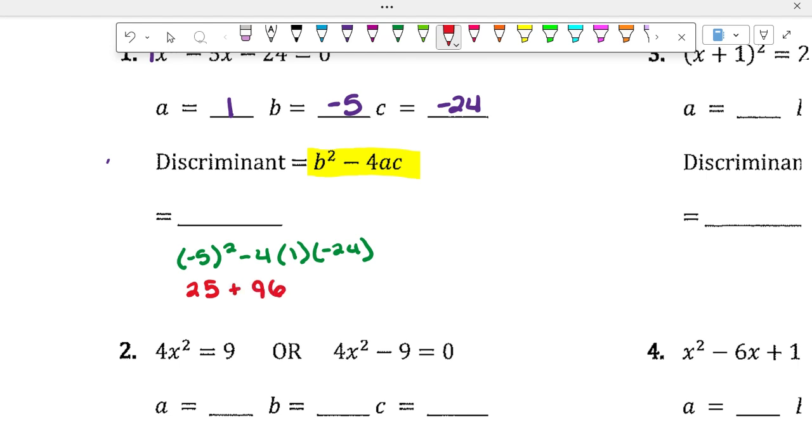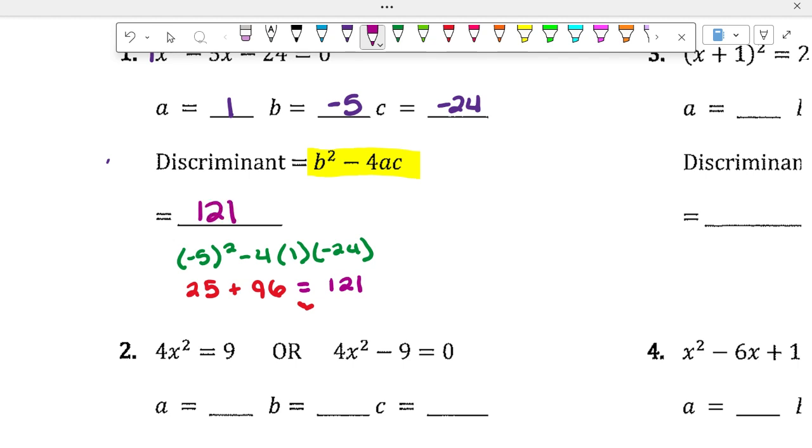Positive 96. So if I add those together, I will get 121. All right, so my discriminant is 121.